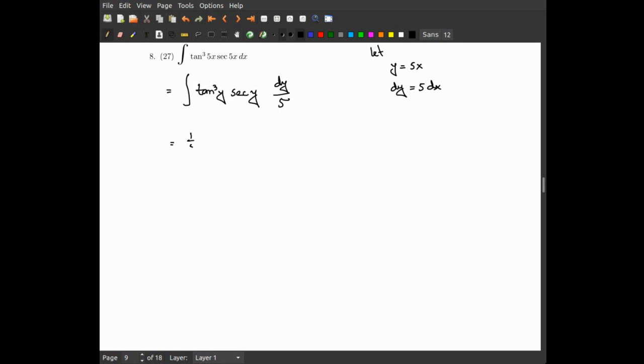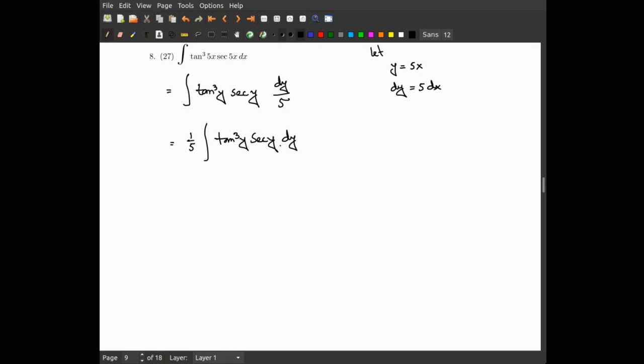So we can take that 5 out, so 1 over 5, and our integration would be tangent cubed y, secant y, and dy. And now it's simple, so no other values multiplied with y to bother us. So we are now ready.